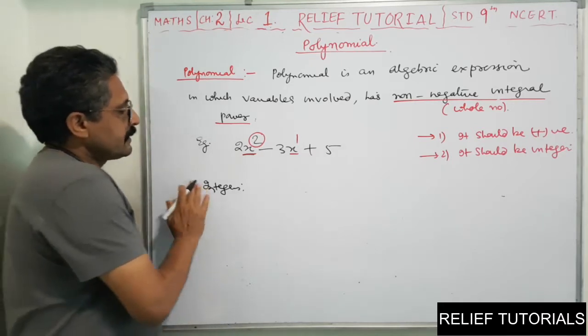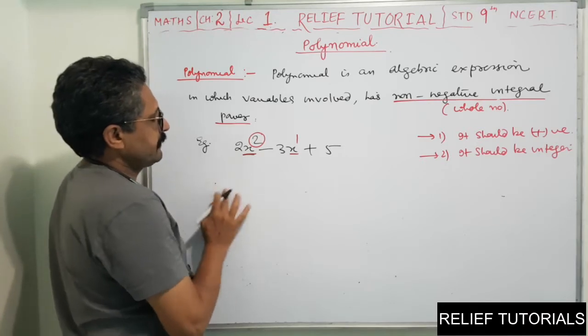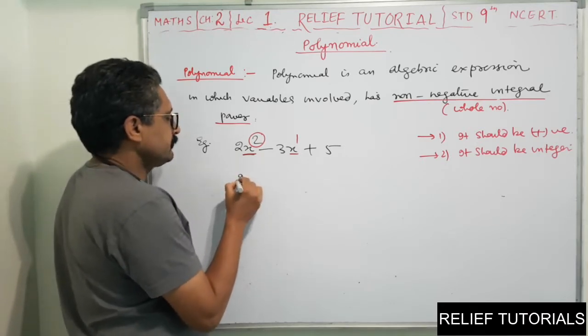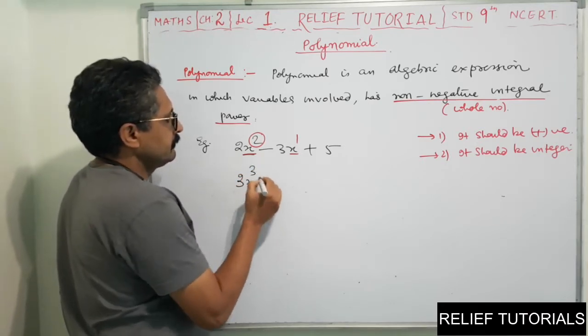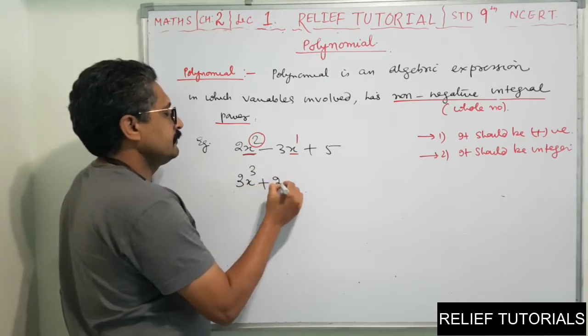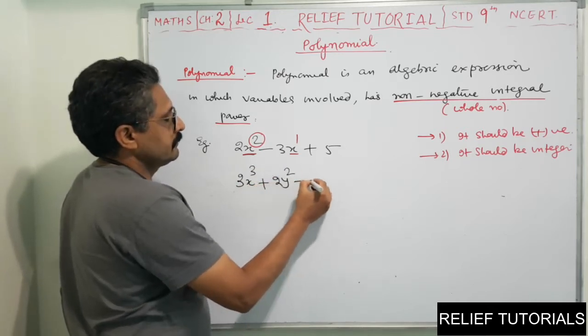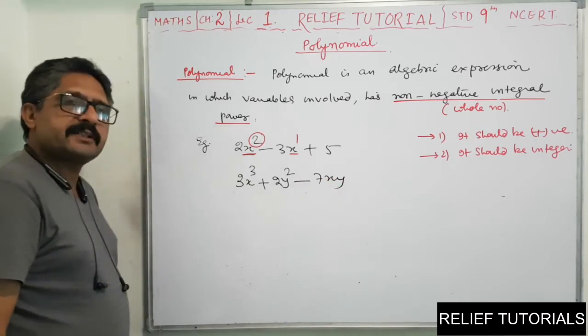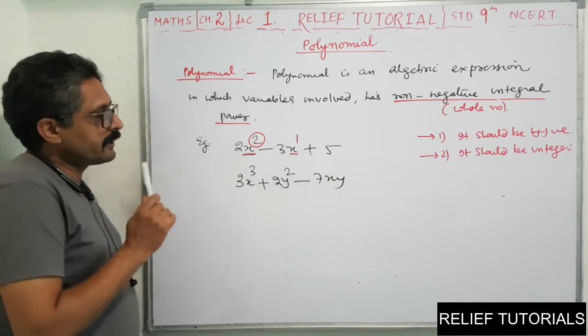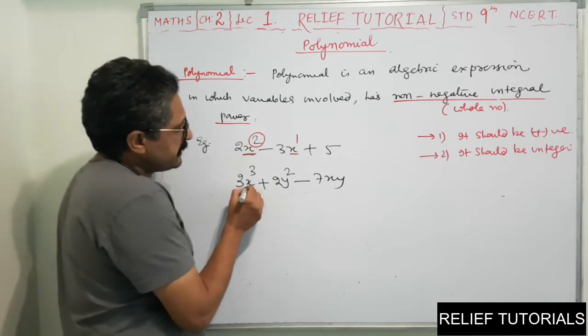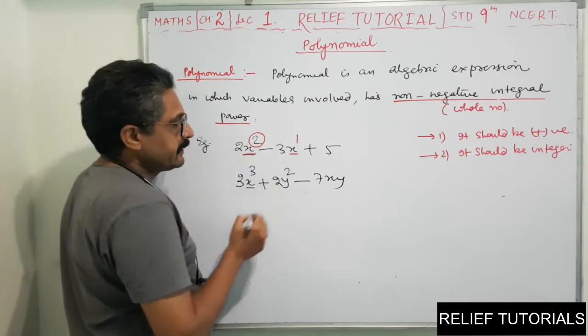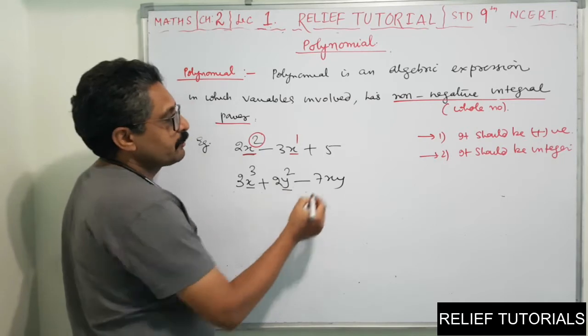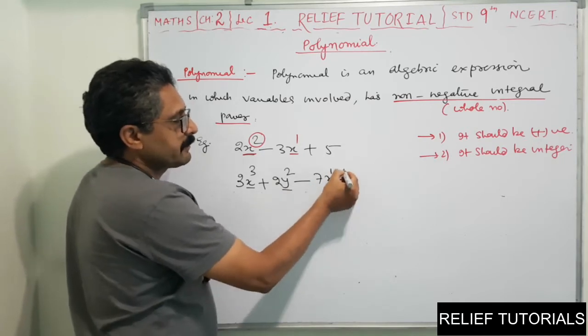One more example we can take. What about this algebraic expression? Is it a polynomial? You have to look at the variables. Here the power of variable x is 3, power of variable y is 2, power of variable x is 1, power of variable y is 1.